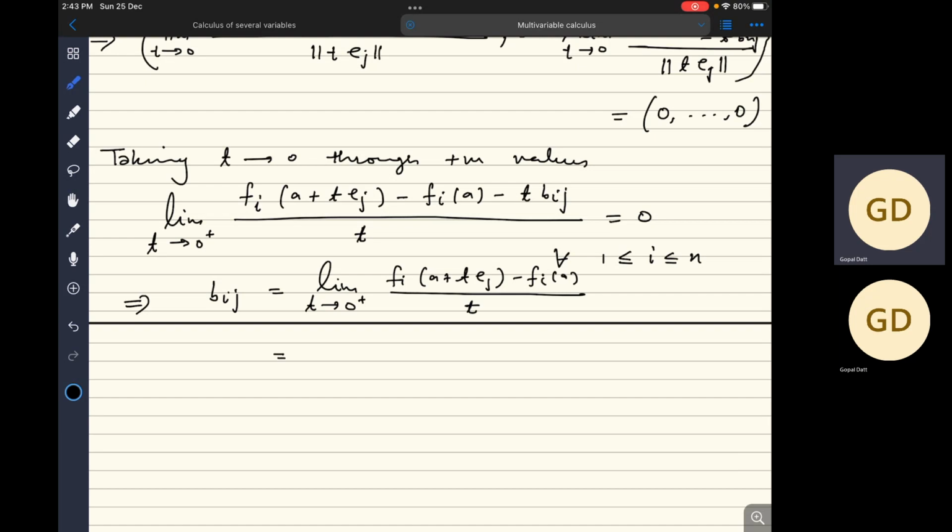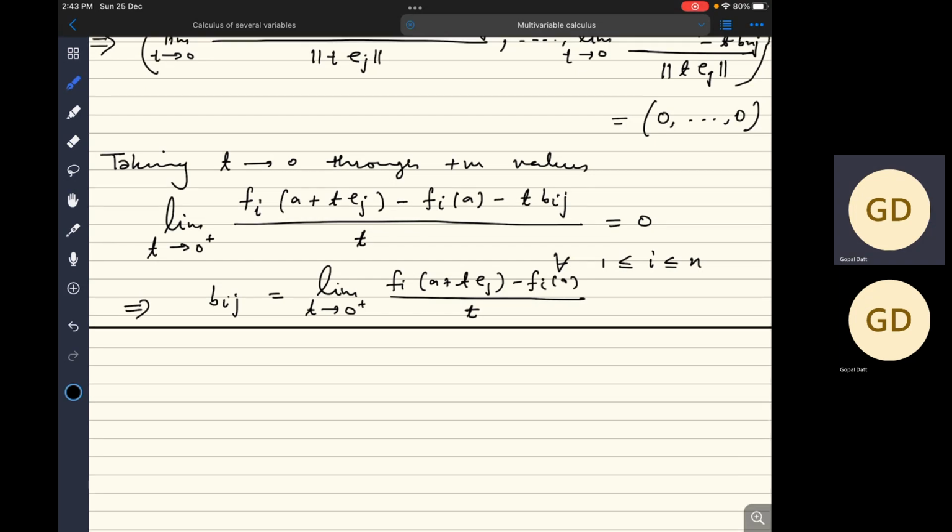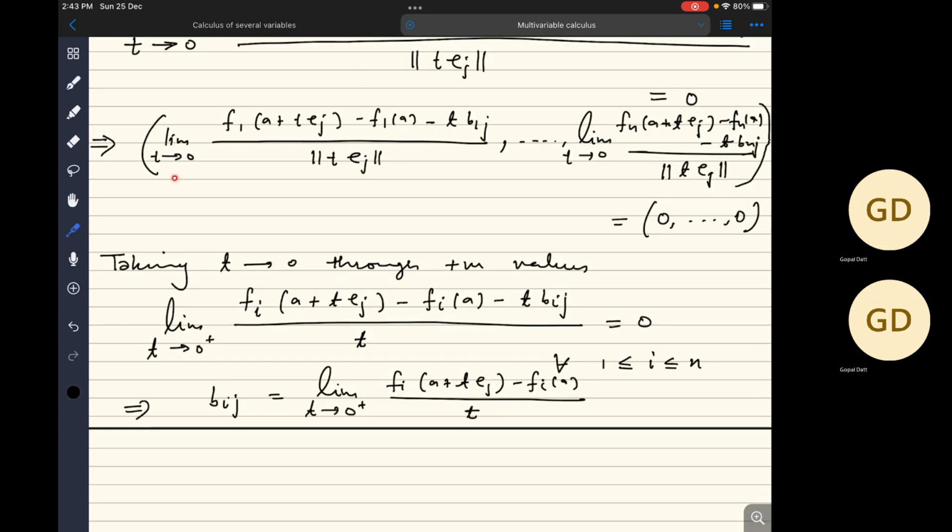So I have not yet completed, because I have to show that this limit is 0, meaning right hand limit and left hand limit both are the same.